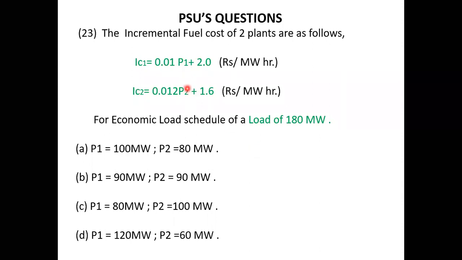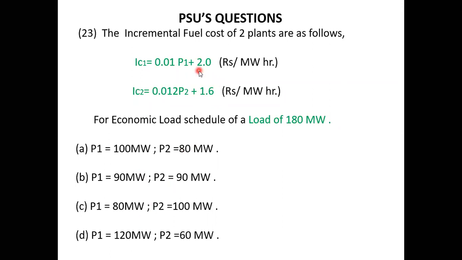When compared, which is having more incremental fuel cost, IC1 or IC2? IC1 is having more incremental fuel cost when compared to IC2. So that's why IC1 will take less power when compared to IC2. Based upon this point, go and observe the given options. Then you will get C as the correct answer.